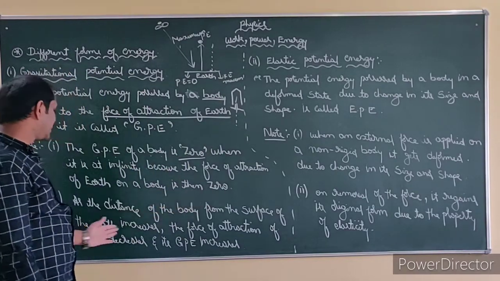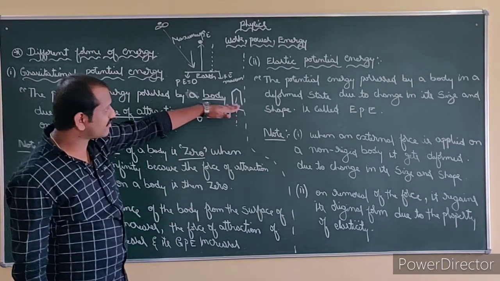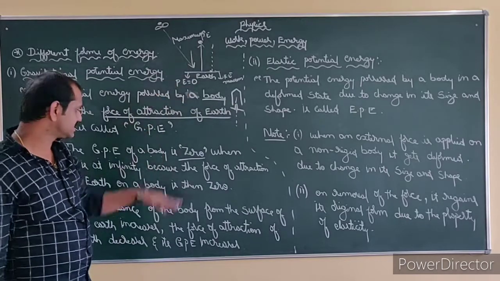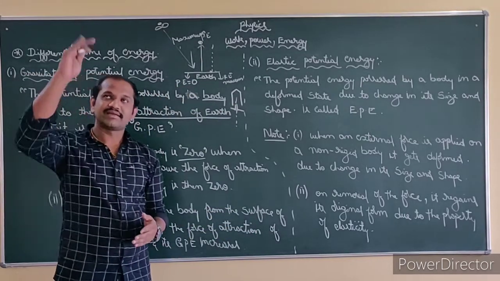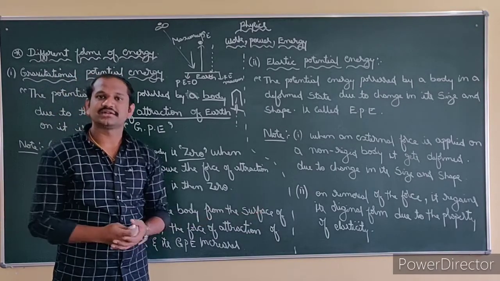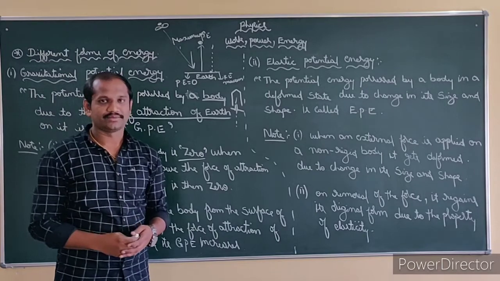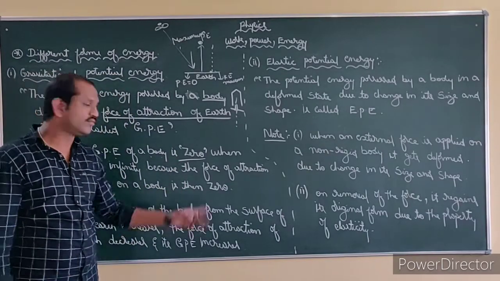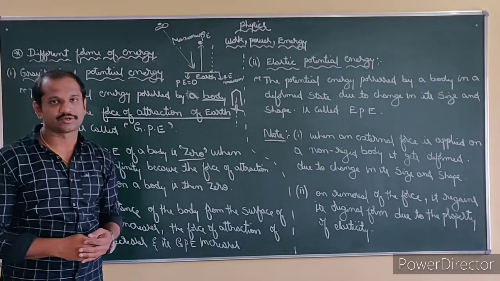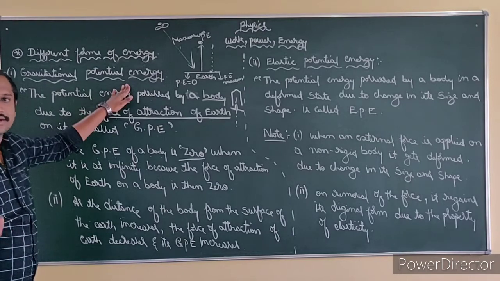So, as the distance of a body from the Earth's surface increases, the force of attraction of Earth decreases. After some level, there is no gravitational attraction on the body. So these two are very important notes from the examination point of view and also for understanding the concept. I hope you have understood gravitational potential energy well.